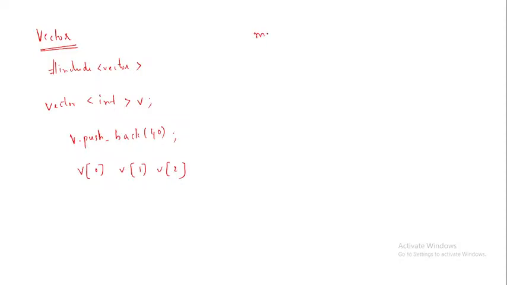Now the next concept I'm going to use here is multimap. So what is this multimap? This is also a container in the C++ STL, and it is similar to map, but the difference is that it allows multiple values with the same key. Whereas if you take map, the key is unique and it maps to a single value.